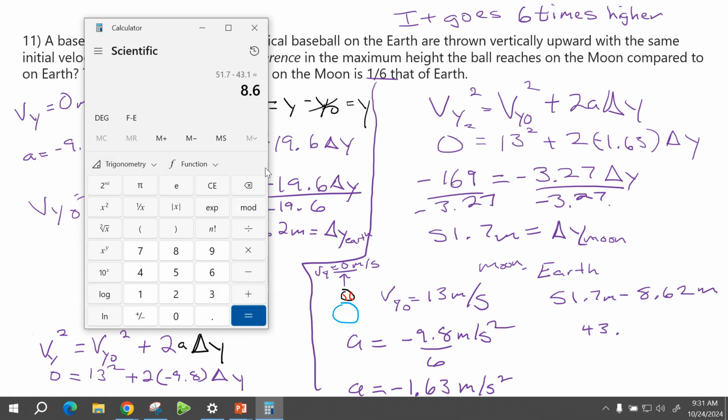Oh no, I did it backwards. It's 43.8. Yeah, I guess it does if you round it.